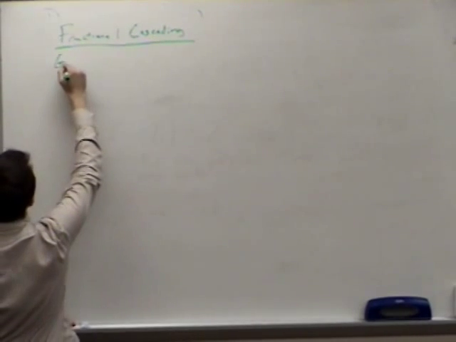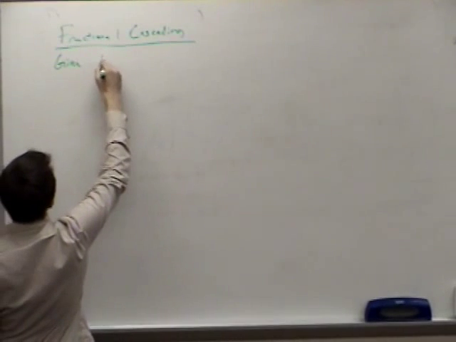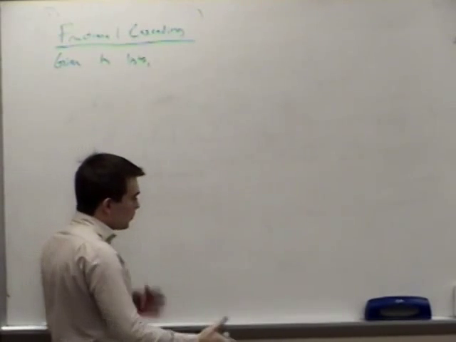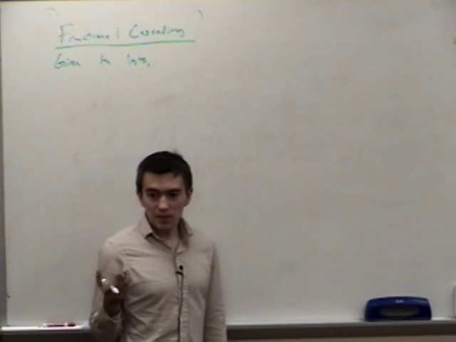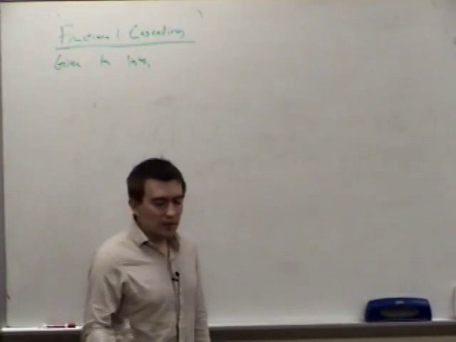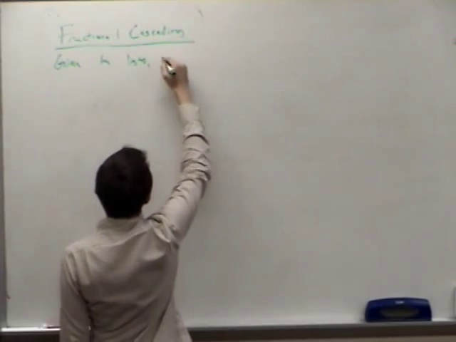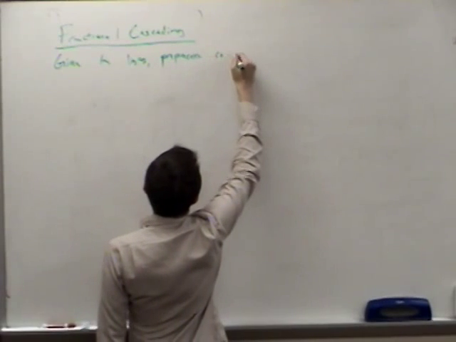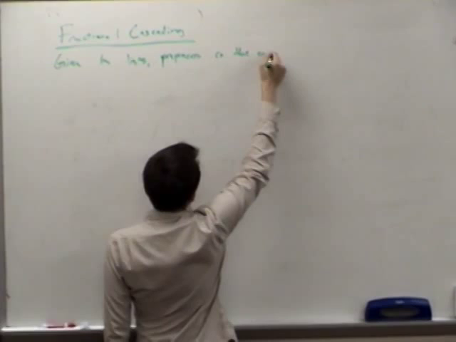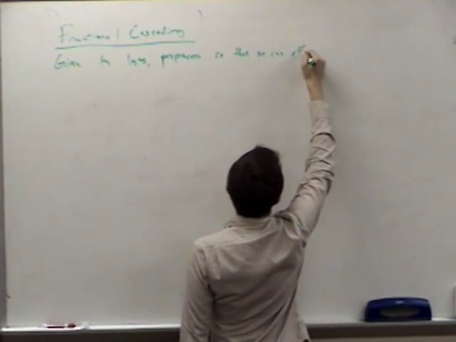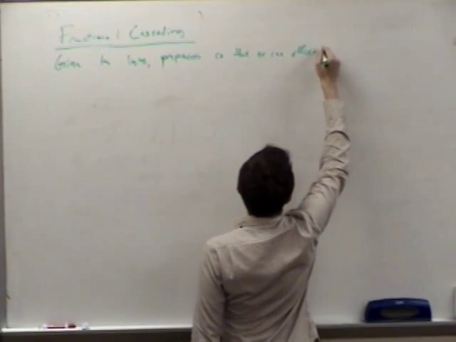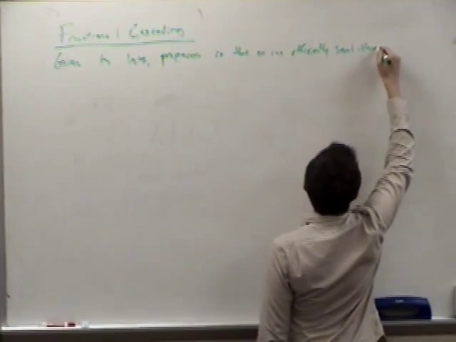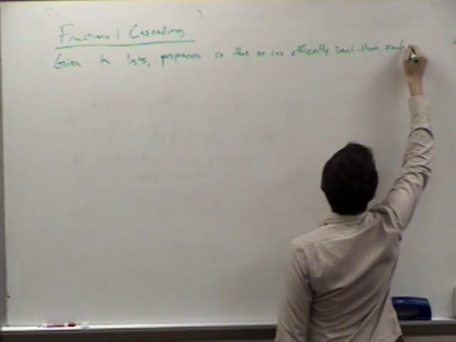So given k lists, we want to pre-process them so that we can speed up binary searches with the same value, right? So we want to pre-process so that we can efficiently search them simultaneously.